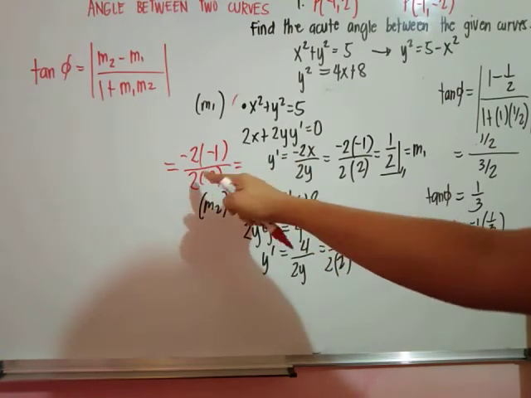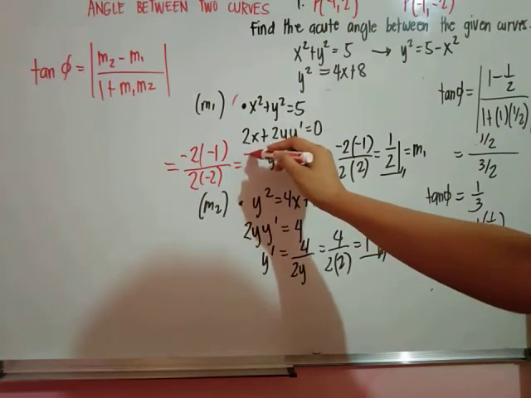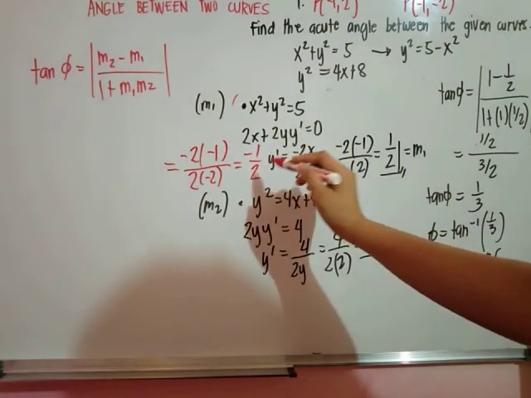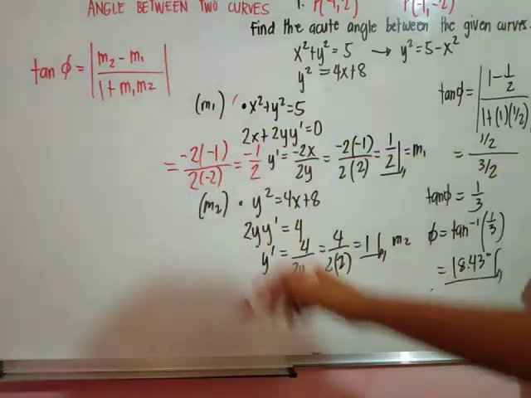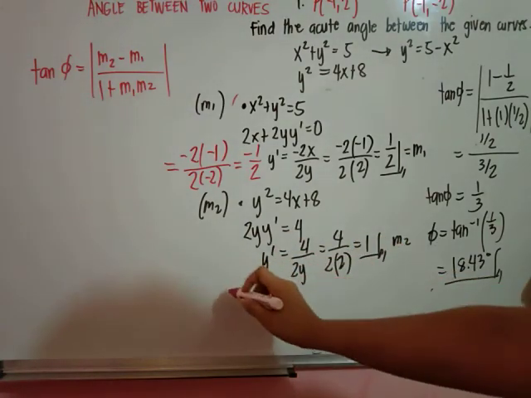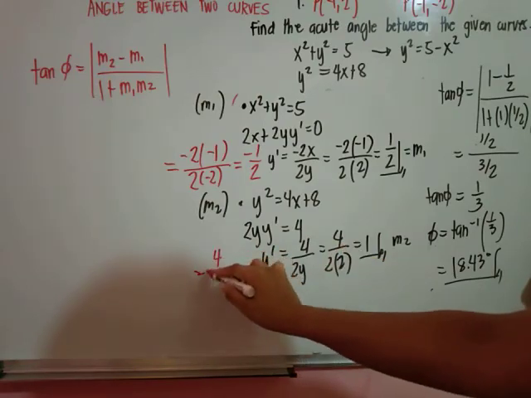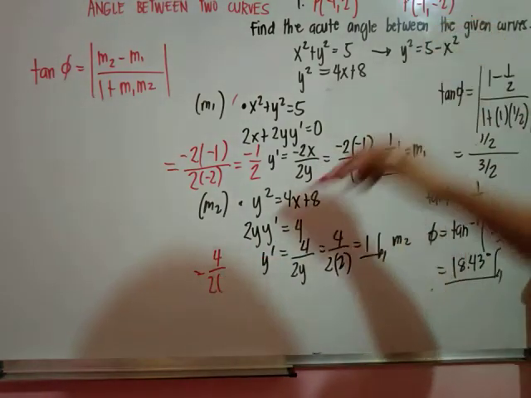So, we have positive 2 over negative 4. We have negative 1 half. So, negative 1 half dun sa m1. So, dito sa pangalawa, we have 4, di ba? 4 over 2y. Ano nga yung y? Negative 2.